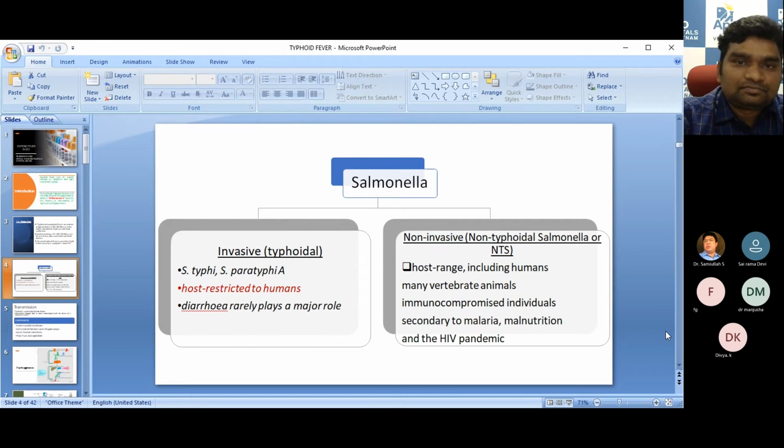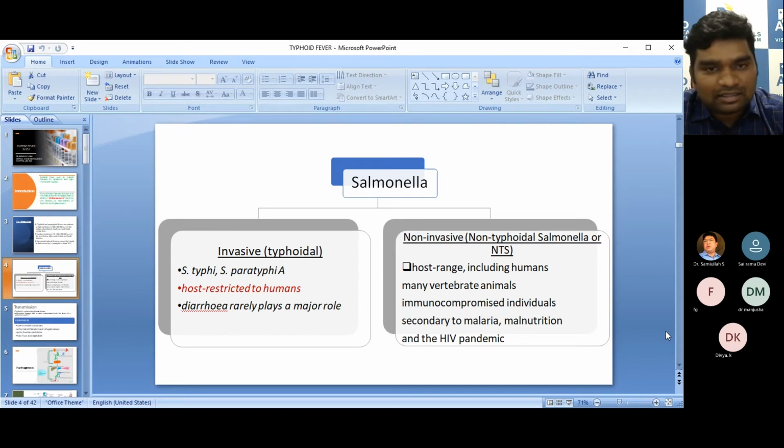Coming to the classification of Salmonella, it is broadly divided into invasive and non-invasive Salmonella infections. Invasive typhoid infections are caused by Salmonella typhi and paratyphi A. This is a disease exclusive to humans and does not affect other vertebrate animals.